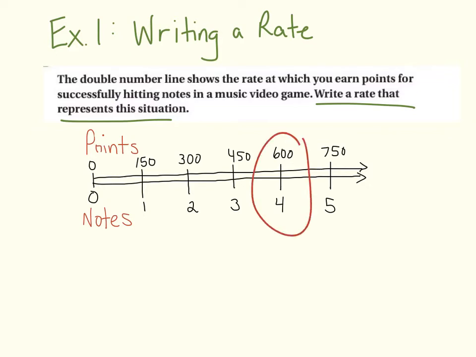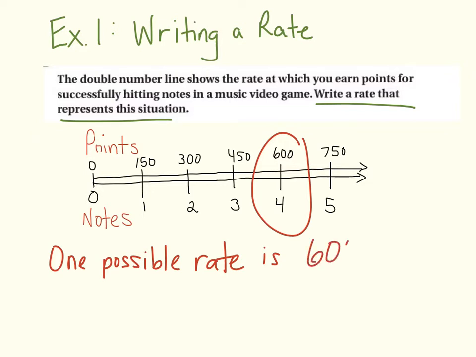So one possible rate here would be that you will get 600 points for 4 notes, or for every 4 notes that you hit. So one possible rate is 600 points for every 4 notes. And again, we could have picked any relationship. There are several more to choose from along this number line.